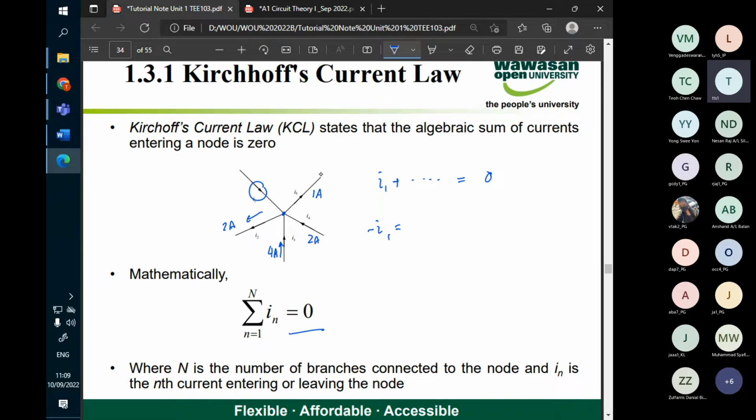So you just sum all these values. Wait, hold on, not so easy.